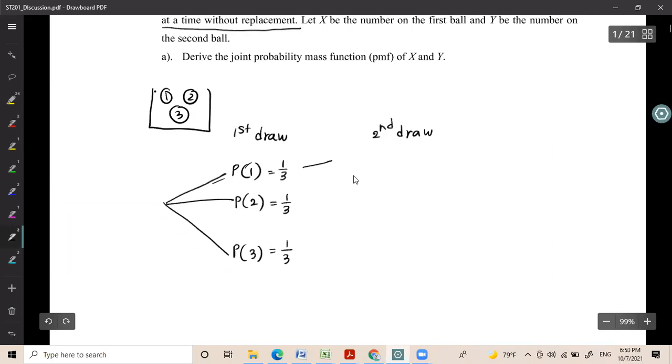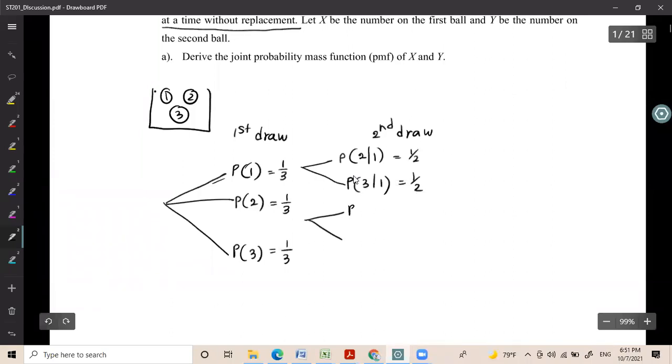If the first one is 1, the second cannot be 1 again, because we are not going to put it back. So the second draw will have only two possibilities. Either it will be 2, or it will be 3, given the first is 1. Since you have only two balls, the probabilities will be 1/2 and 1/2.